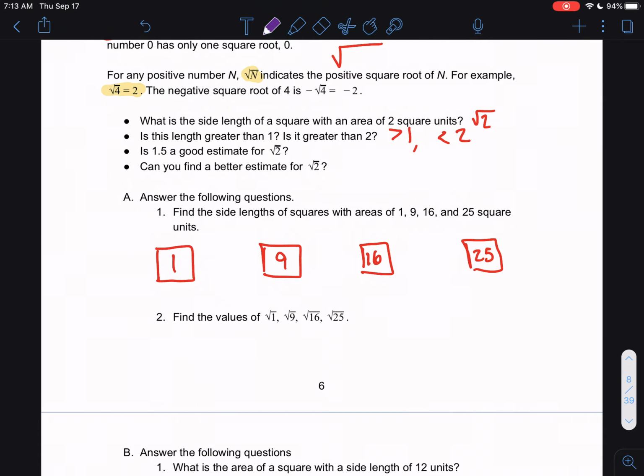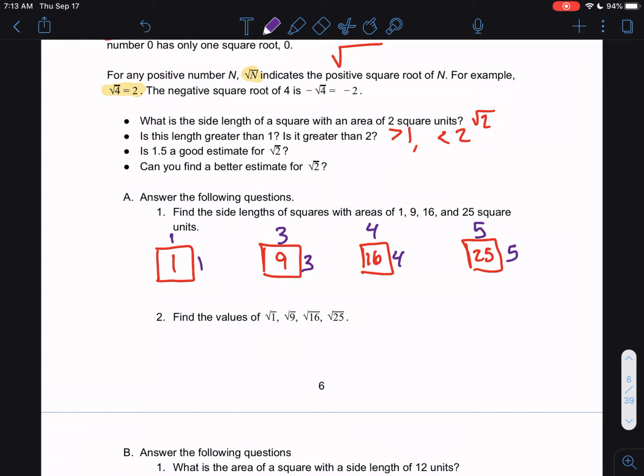So what times what is going to equal 1? Yeah, 1. So that means the side lengths are 1. What times what is going to equal 9? Yeah, 3. What times what equals 16? 4. Good. And what times what equals 25? 5.